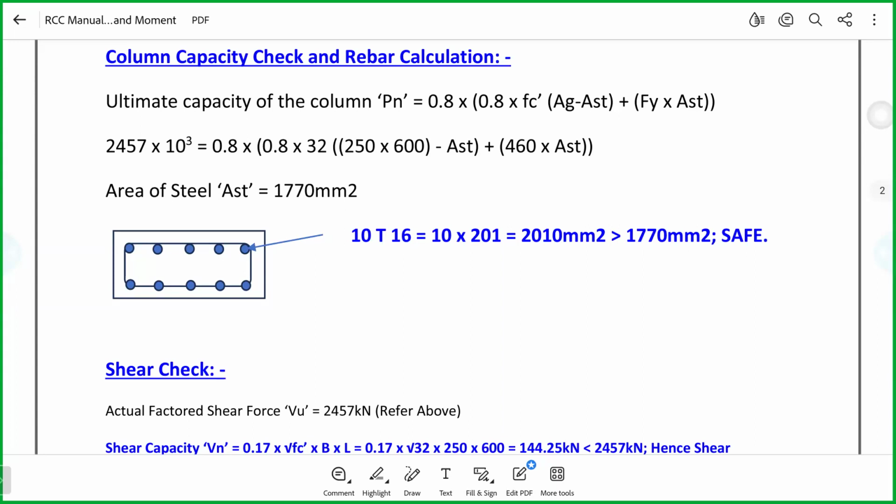My main focus is the Indian standard code, like IS code. So you know how you always start studying it. Yes, we have studied the design of columns, beams, slab, footing.